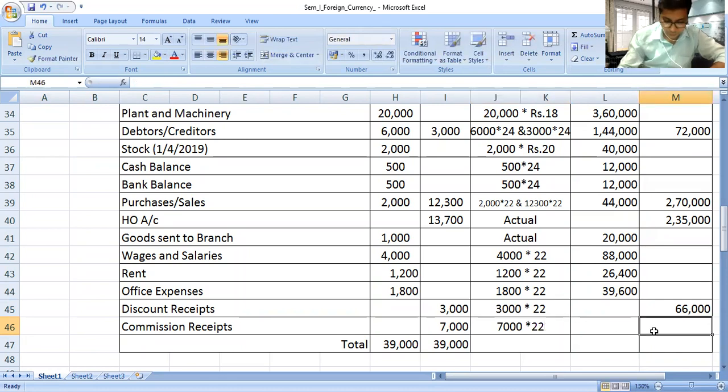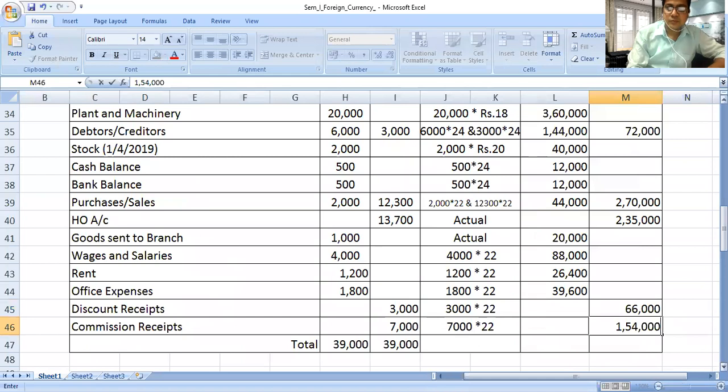So the value is rupees 1,54,000. Okay, fine. So we have recorded all the items here. Shamal got the sales value, Vijay also got 70,600.